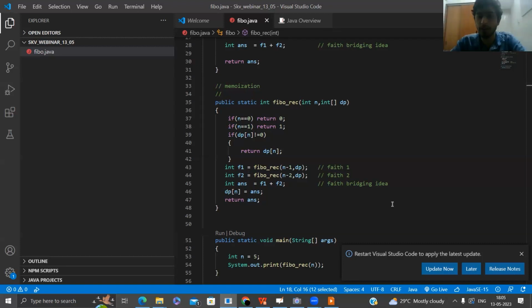I think you have unmuted yourself. Okay, yeah. So this is going to be of linear time complexity. Let me show it to you how.